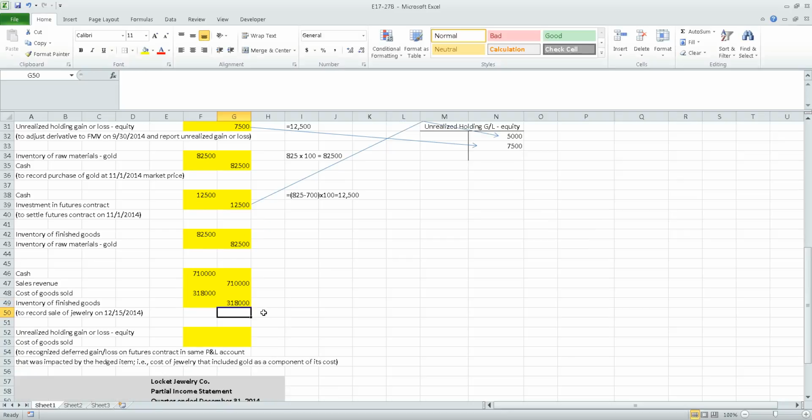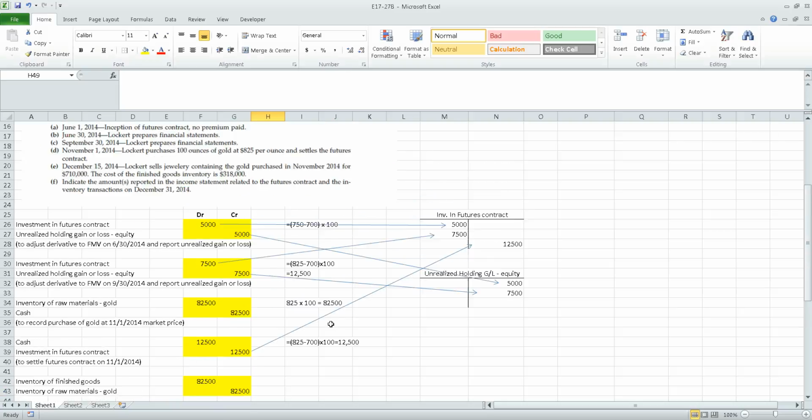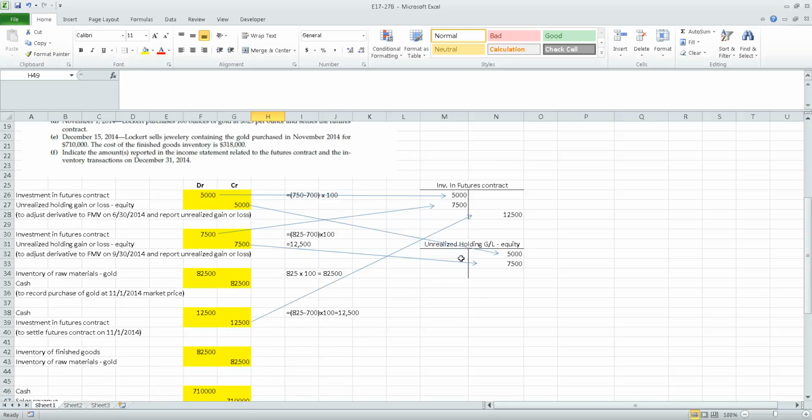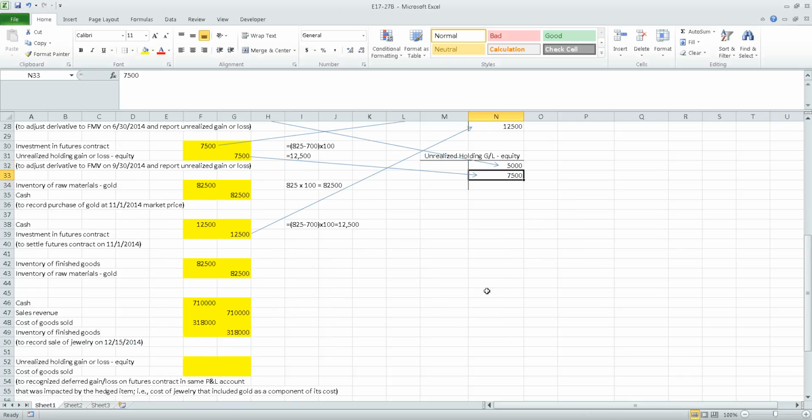Now, remember I said on a cash flow hedge that the gain or loss arising from the change in the derivative contract is initially recorded in the unrealized holding gain or loss equity account until the transaction that we're hedging against occurs and works its way through to the income statement. Now, the transaction that we were hedging against was a change in the cost of gold.